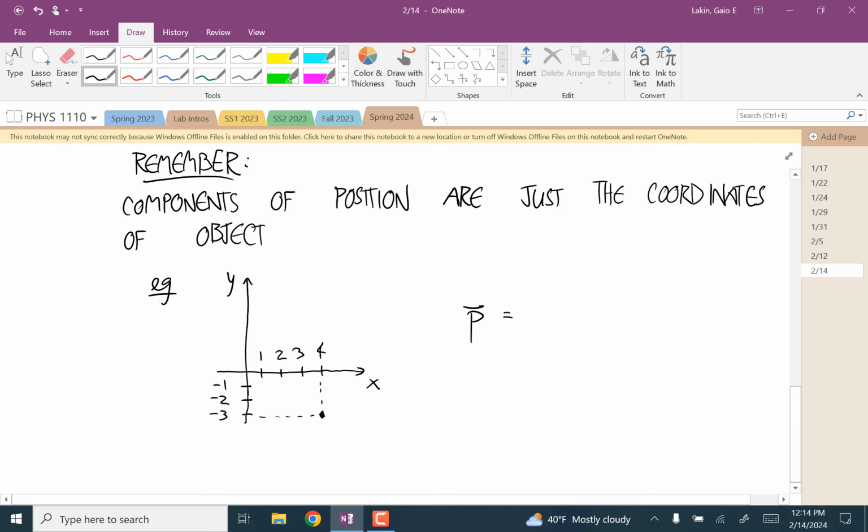So we're at x equals 4, y equals -3. So the coordinates are 4, -3. And so that means that the components of the position vector are 4, -3.